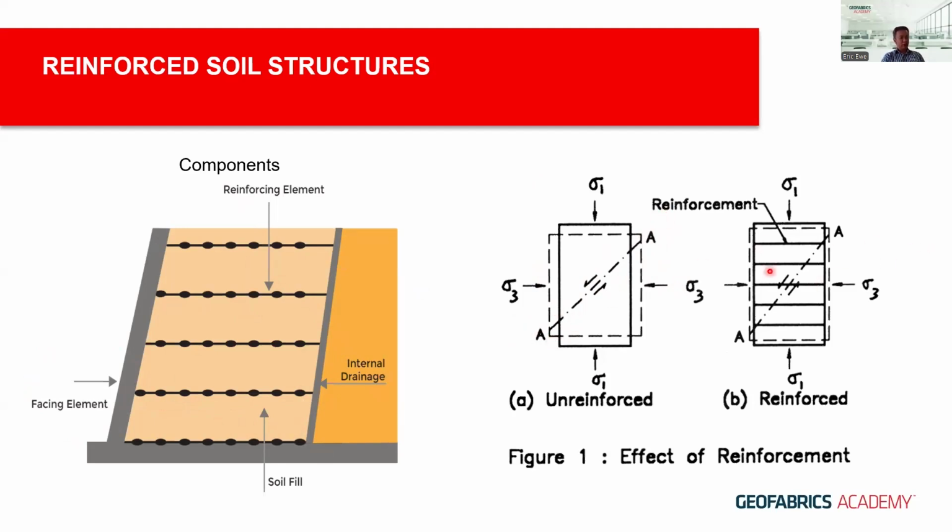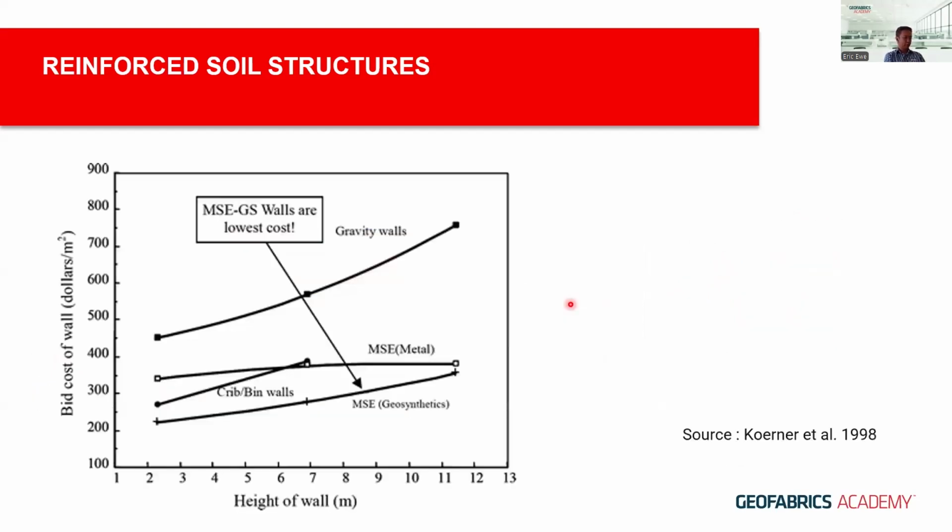The incorporation of reinforcement reinforces the block, forcing the slip plane to be intercepted by layers of reinforcement. Thereby, the sigma 3, which is the confinement stress, is negligible or not necessary and is taken care of by, in this case, the facing. So that's a quick summary or concept of reinforced soil.